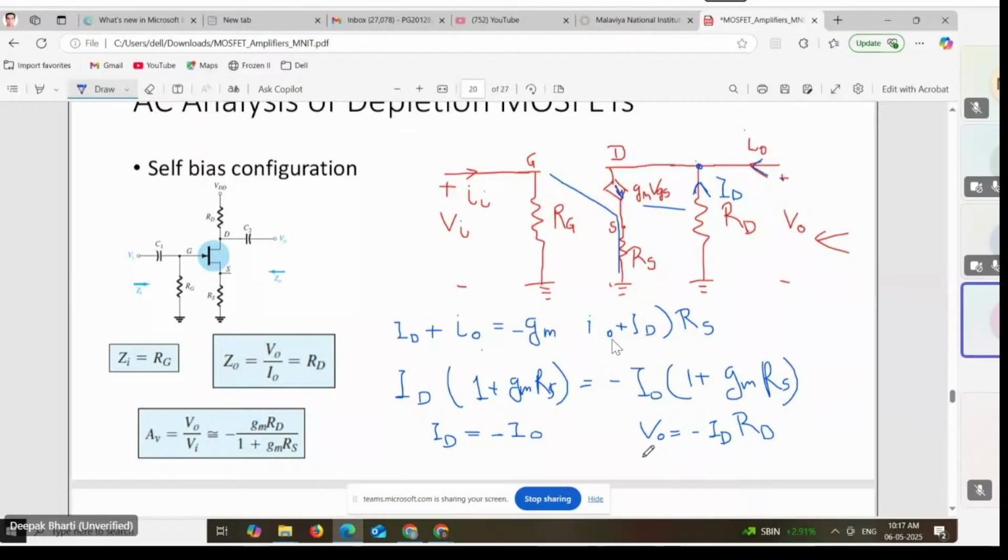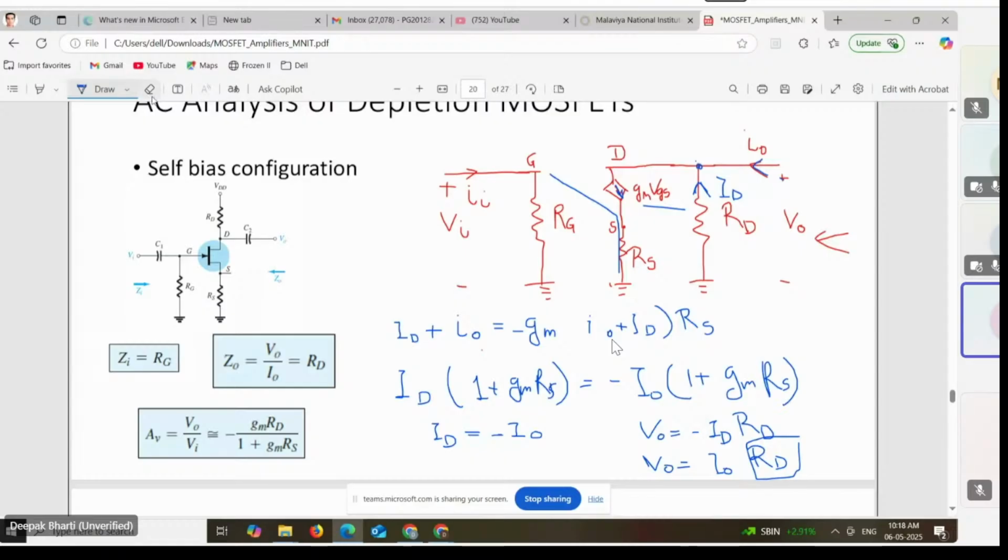If we replace minus ID with I naught, V naught is equal to I naught RD. If we take the ratio of V naught and I naught, it becomes only RD. So we have determined that Z naught for this self-bias configuration, when RS is not bypassed, is equal to RD alone.